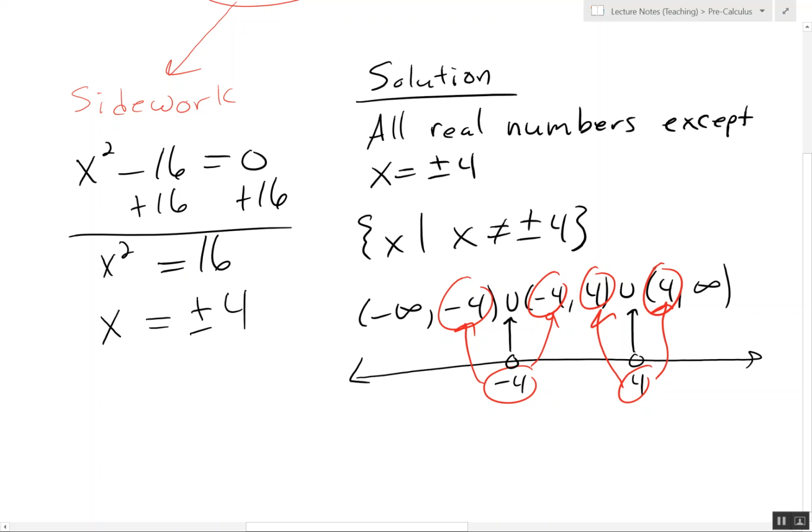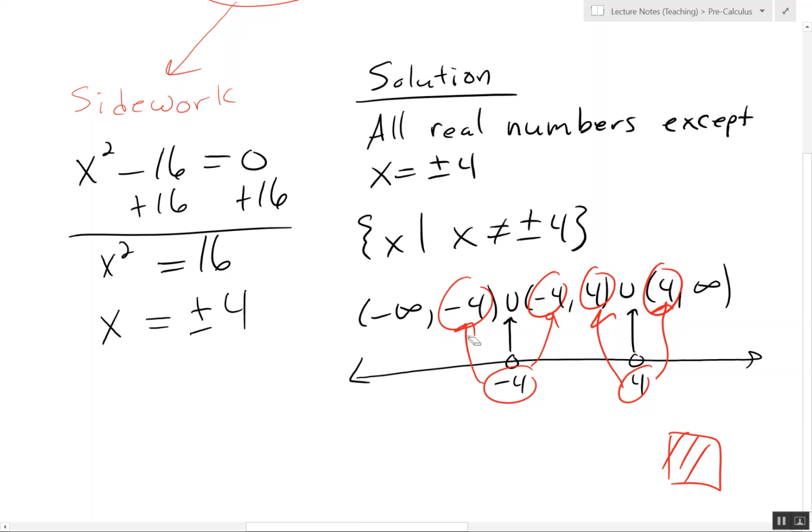That's one way to keep the interval notation straight. The same thing actually works on the previous problem as well, but I'm not going to backtrack and redo that. I'll leave that for you if you want to do it on your own. So this problem is now done.